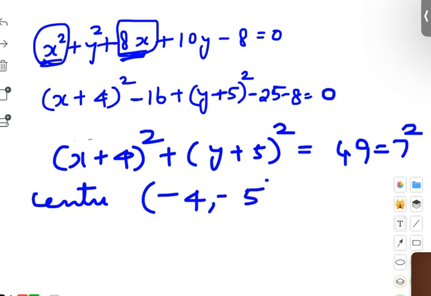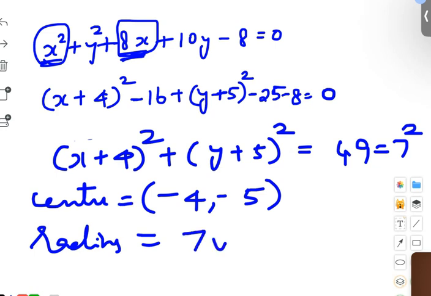Minus 4 and minus 5. And radius is 7. Right? Clear?